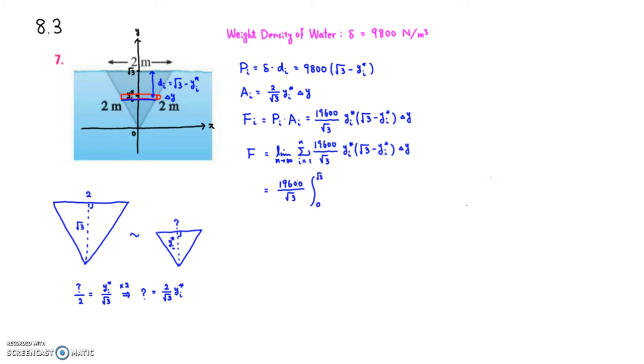Then you strip off the i and star, so you have y times square root of 3 minus y, and delta y becomes dy. So this is the integral that represents the hydrostatic force on that triangular piece. All right, that's it. I hope that this was clear.